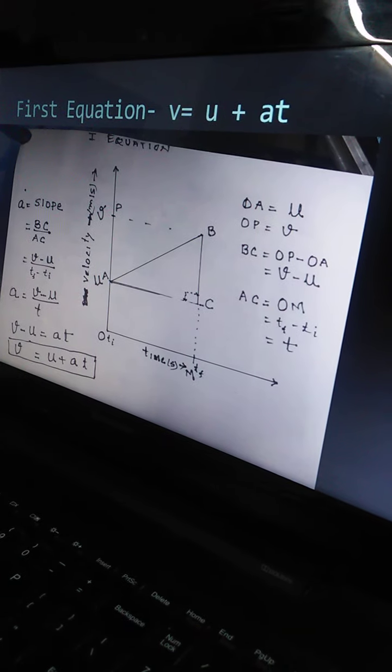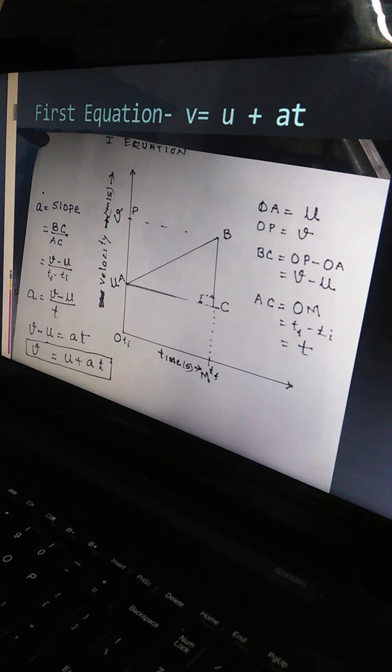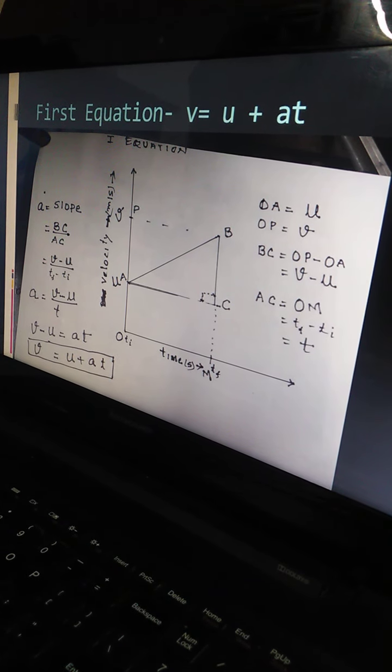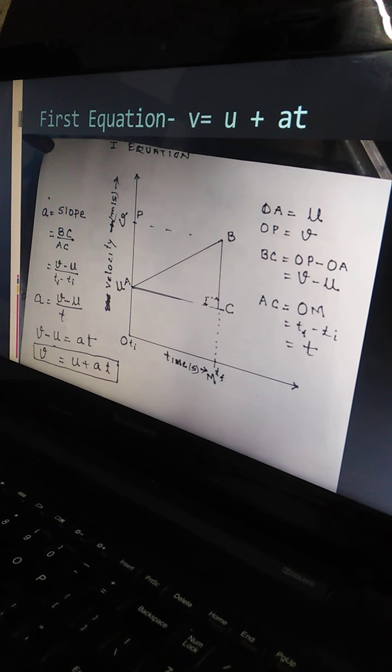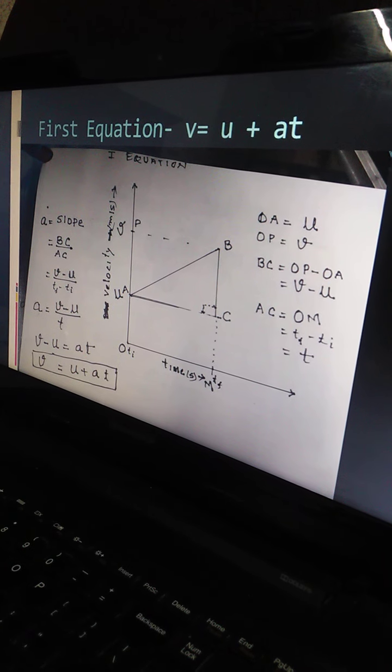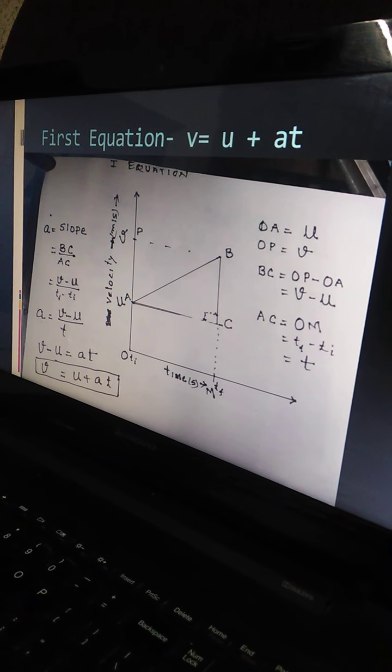Now see how I have done there. Here you got a velocity time graph, velocity on y-axis, time on x-axis. Look at the graph at the point A when the time t1 is 0 you got initial velocity u.